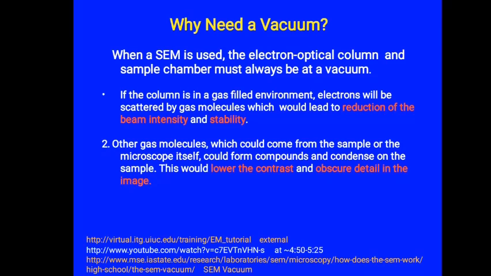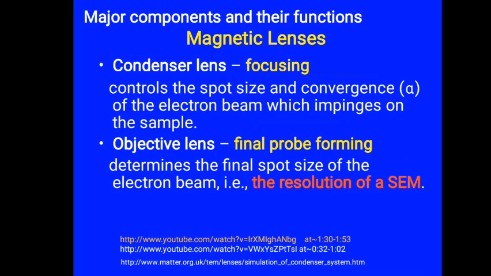Next, other gas molecules, which could come from the sample or the microscope itself or its components, could condense on the sample. This would lower the contrast and the detail in the image.